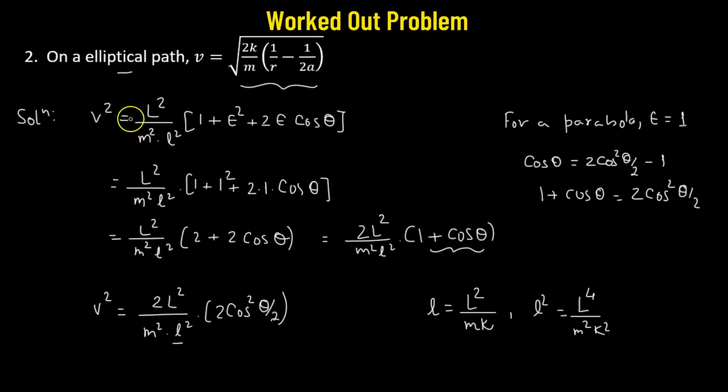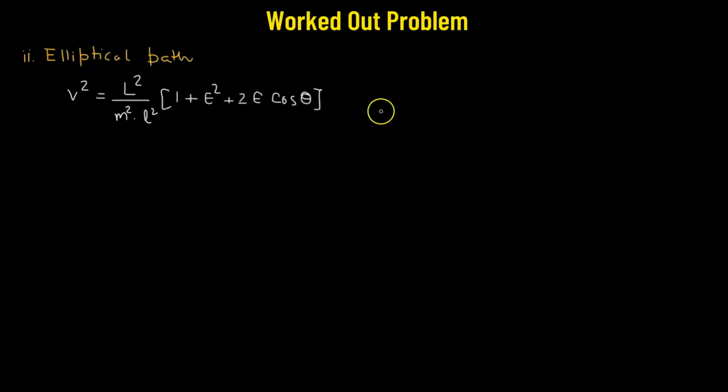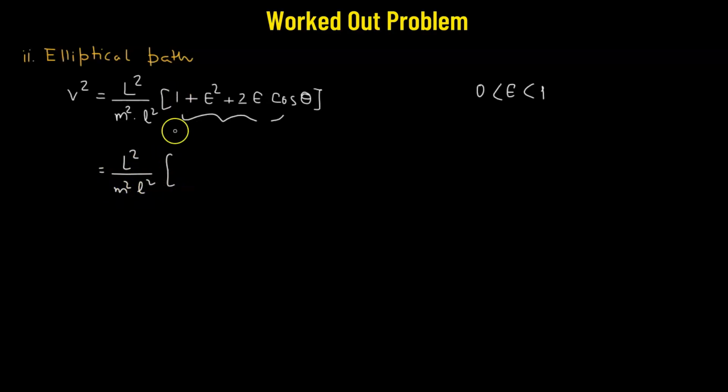So let's note that. Now for an elliptical path, we know that the value of the eccentricity has a range that lies somewhere between 0 and 1. So what we're going to do is a little bit of manipulation here. We can rewrite that expression within the parentheses as 2 minus 1 plus epsilon squared plus 2 epsilon cosine theta.